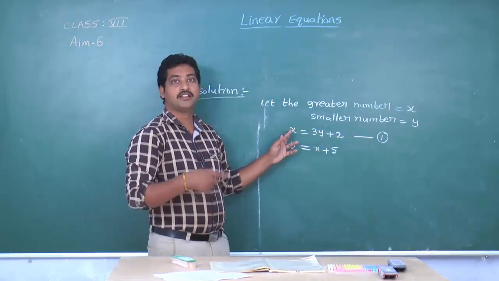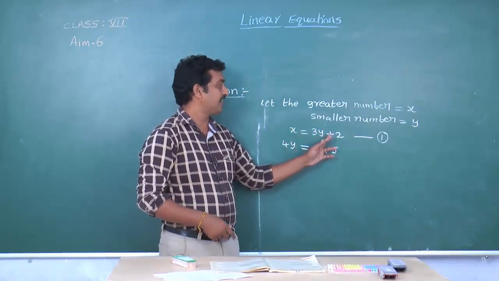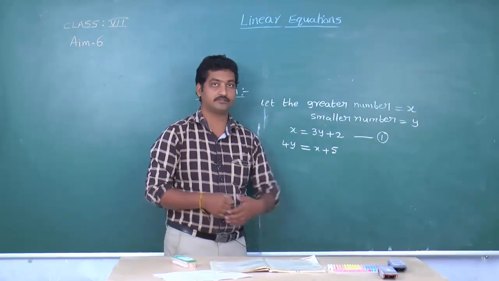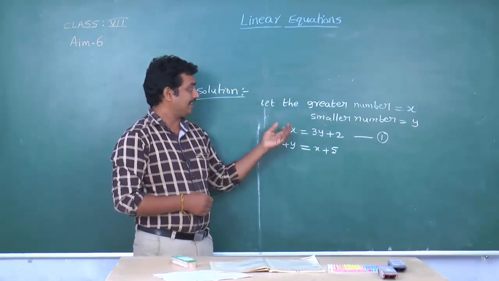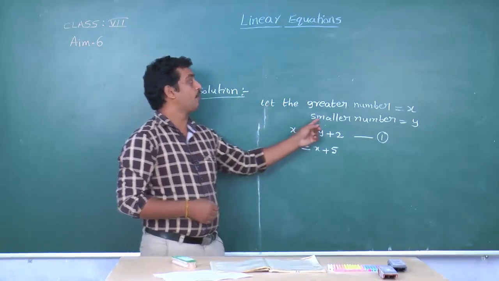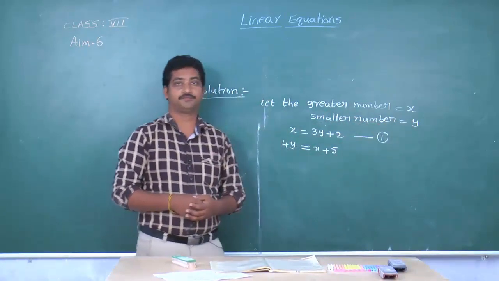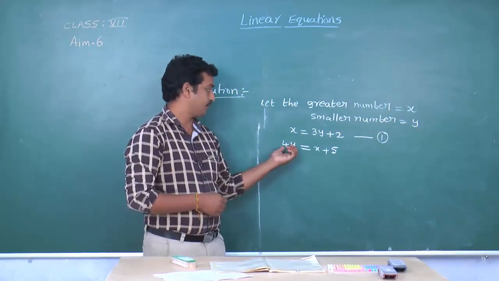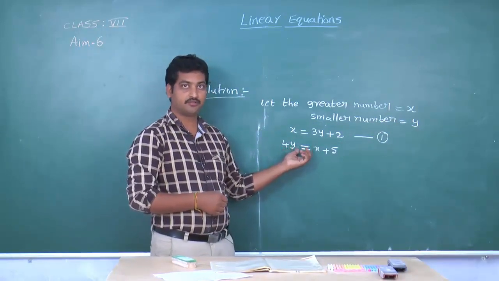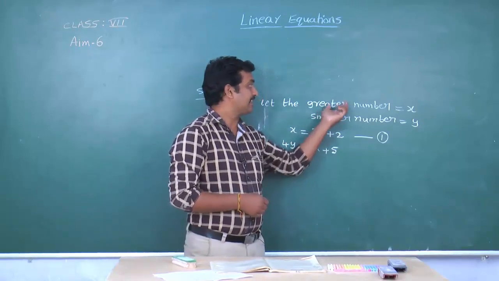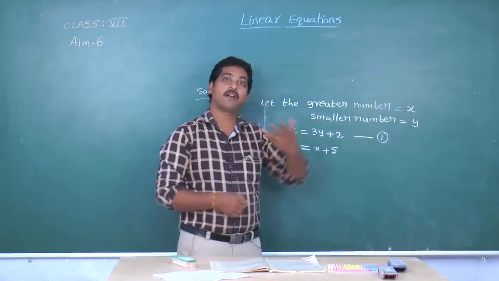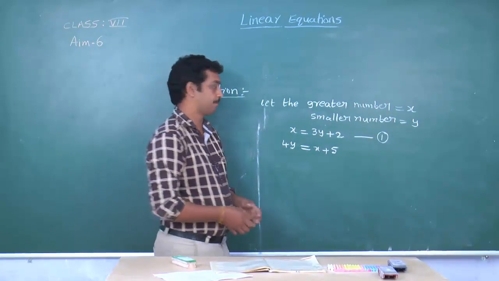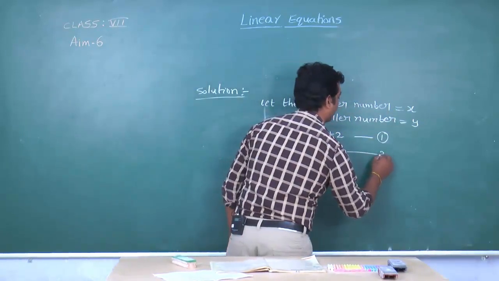That means x is equal to 3y plus 2. Let that be equation number 1. In the second statement, 4 times the smaller number, that is 4y, is equal to x plus 5. Let it be equation number 2.